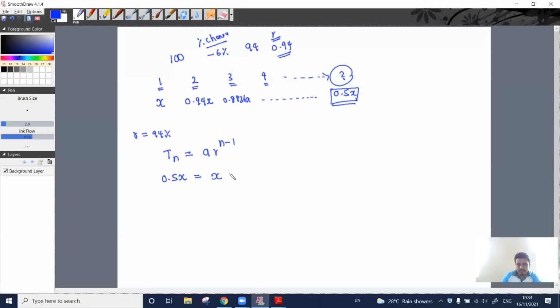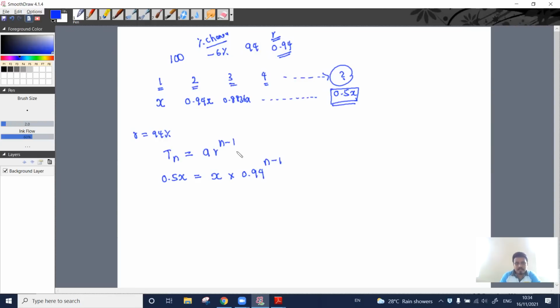That is x into r to the power n minus 1. R value is this one, 0.94 to the power what? N minus 1. This is what we need to find. We don't know after how many years, which year it is, so we kept it as n.